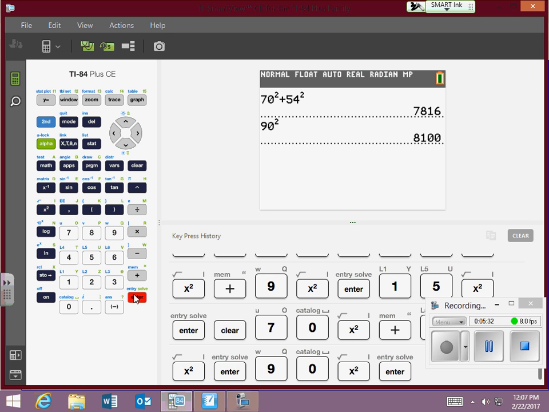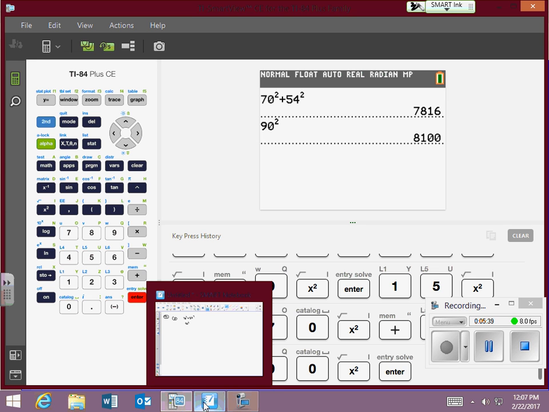And you can see that they're not equal. It's not a right triangle. So what we have to do is identify whether it's acute or obtuse.